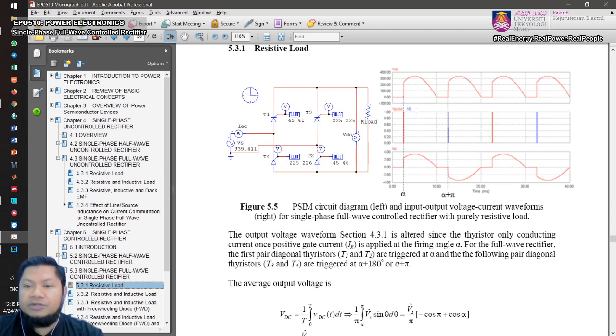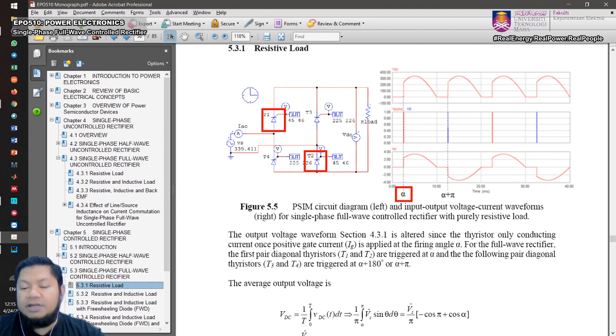During the positive half cycle, T1 and T2 will experience forward bias, but they still wait for alpha, the firing angle, for the gate signal to be triggered.